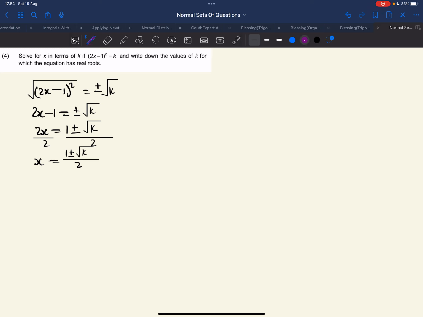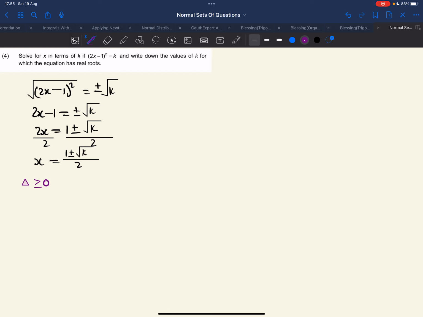According to the nature of the roots, if what's inside the root there is greater than or equal to 0, then that means your roots are going to be real.